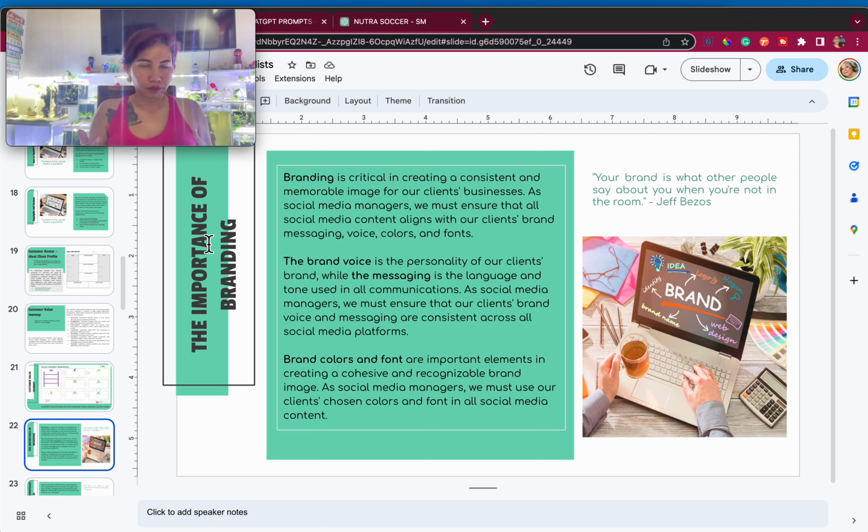Let's go back to the sunscreen example that I gave earlier. If it's sunscreen, what is the voice of that brand? Maybe someone who's very conscious about beauty, someone who's very aesthetic, someone who loves makeup and skincare products, right?